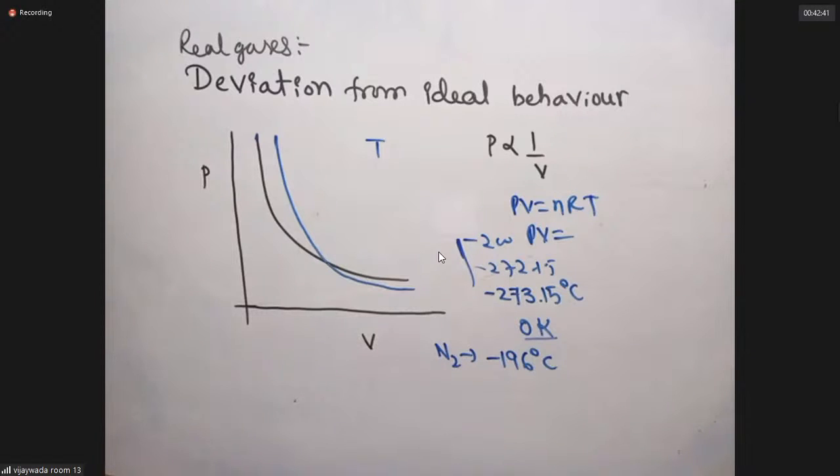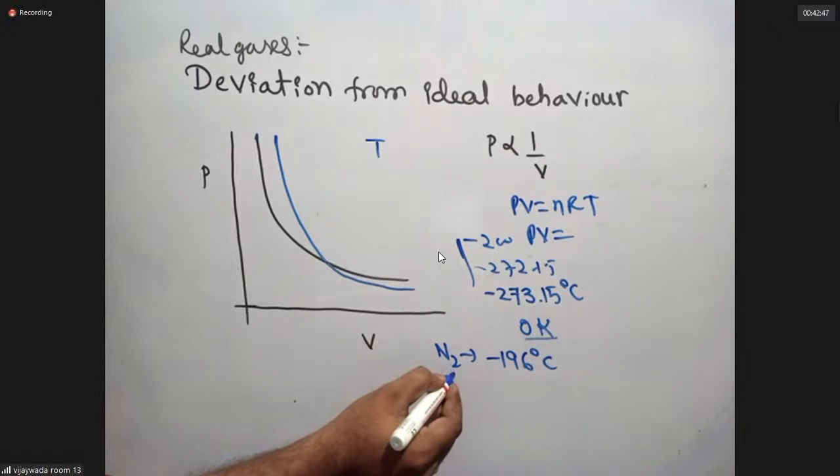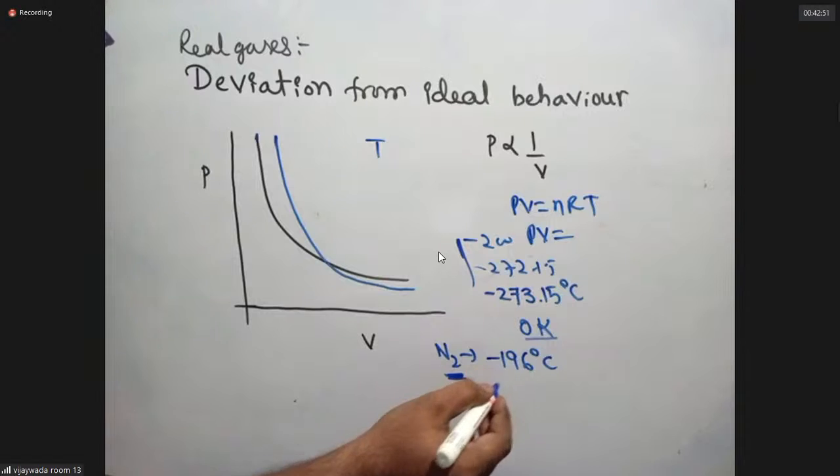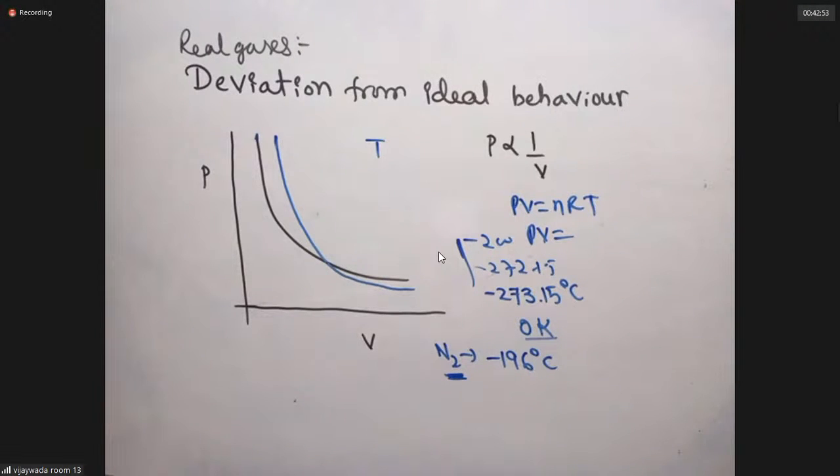So the experimentally observed value for all gases is that nitrogen has the least boiling point, minus 196 degrees Celsius. But Charles is saying the least boiling point of a gas is minus 273.15. So these results do not actually match with Charles' experiments.